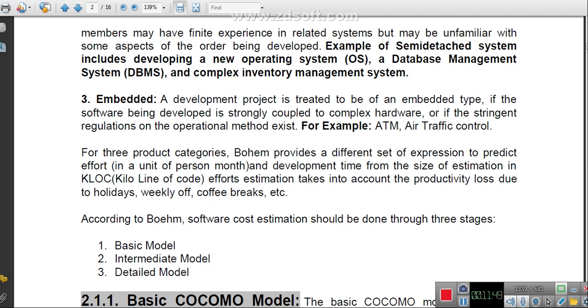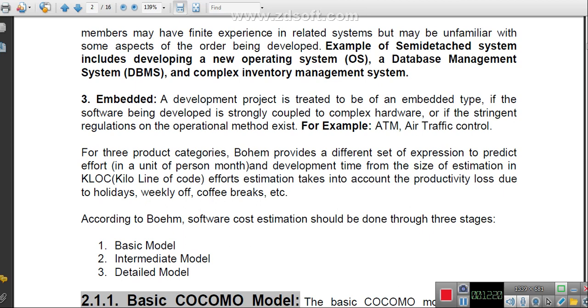This particular type of software or project is developed strongly coupled to complex hardware, and you have to integrate the software application and your complex hardware. The examples of an embedded system are an ATM and air traffic control. To develop this type of project, you have to visit the customer side.